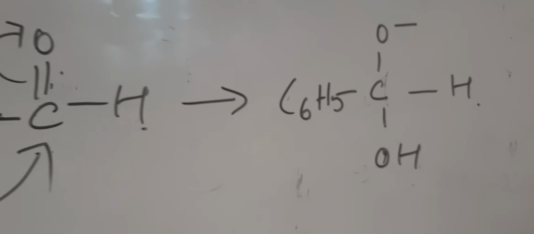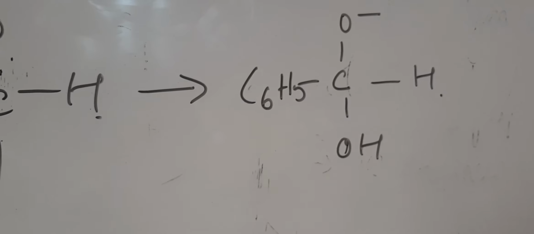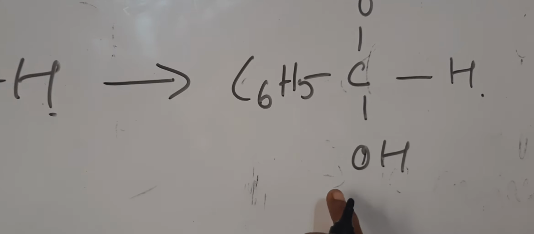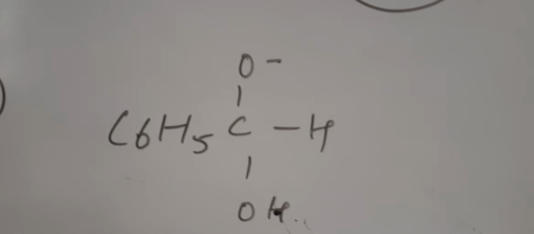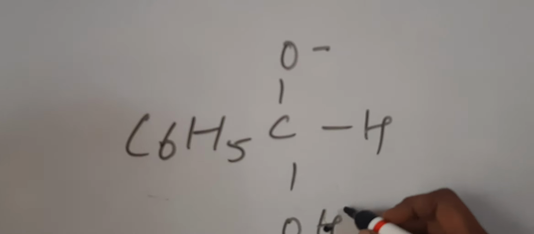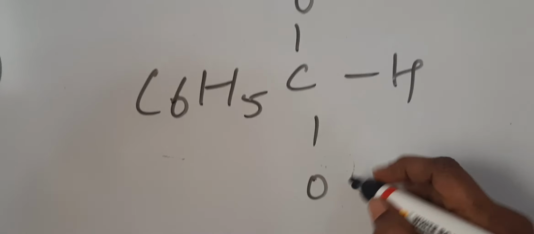Alright, now the second step is the hydride ion transfer. So let me write down this one again now in the second step. So I have written this again. Okay, so this is OH actually.